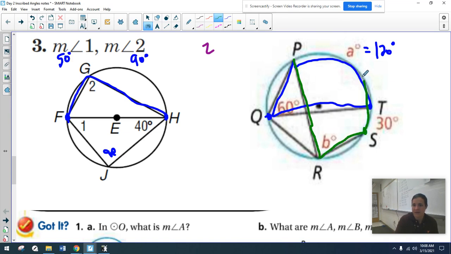So I need this entire piece from here to here. So that arc, I just found that part A was 120 and this part right here is 30. So that green arc that I just made is 150. If I want the inscribed angle that goes with it, I cut that 150 in half, which is going to give me 75 degrees.